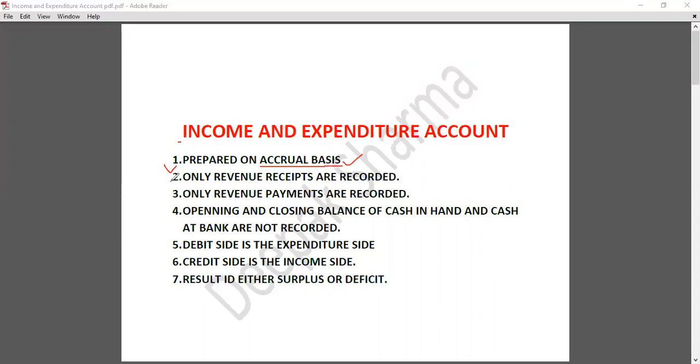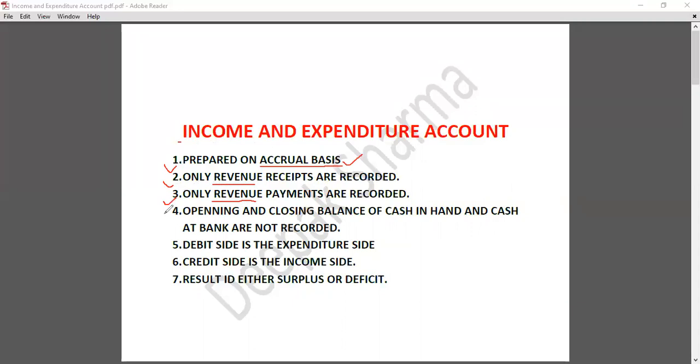The second important point related to income and expenditure account is that only those transactions will be recorded which are of revenue nature, whether it is a revenue receipt or a revenue payment, but the nature of the transaction must be revenue.